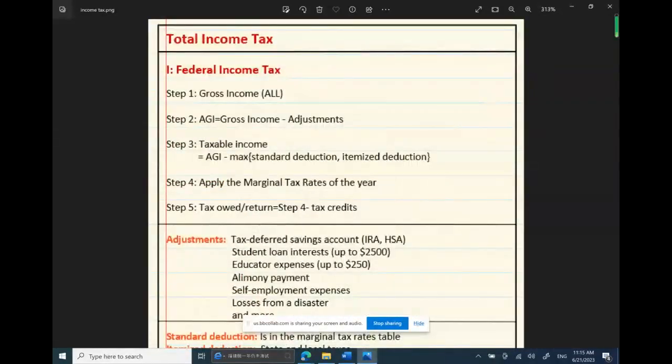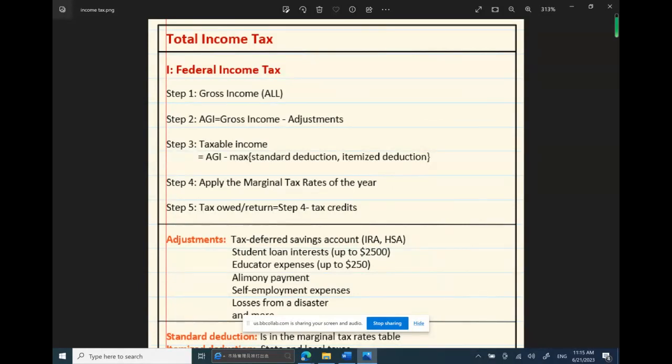So how do we calculate the federal income tax for each year? We know we have to file tax every April, right? The next time we file tax is going to be April 15th, 2024. You file the tax for the calendar year of 2023.